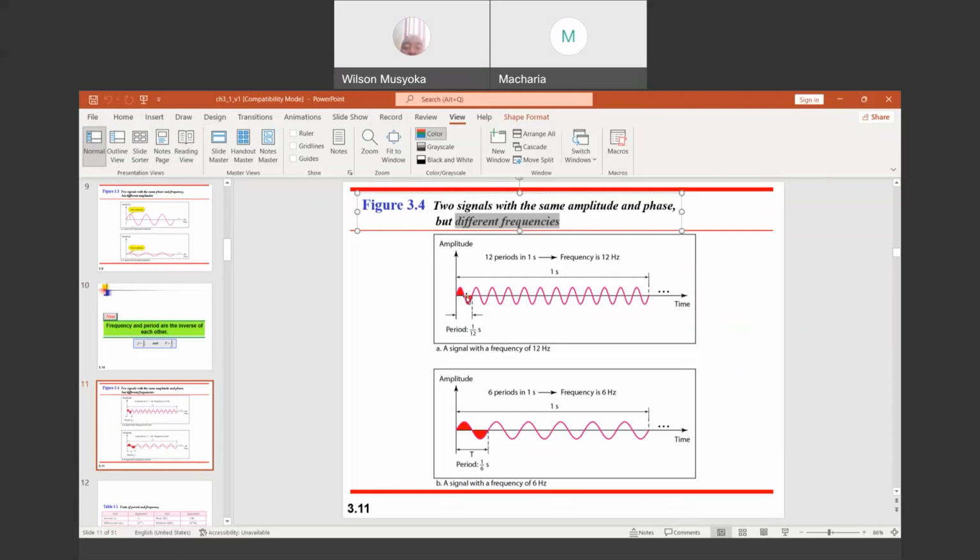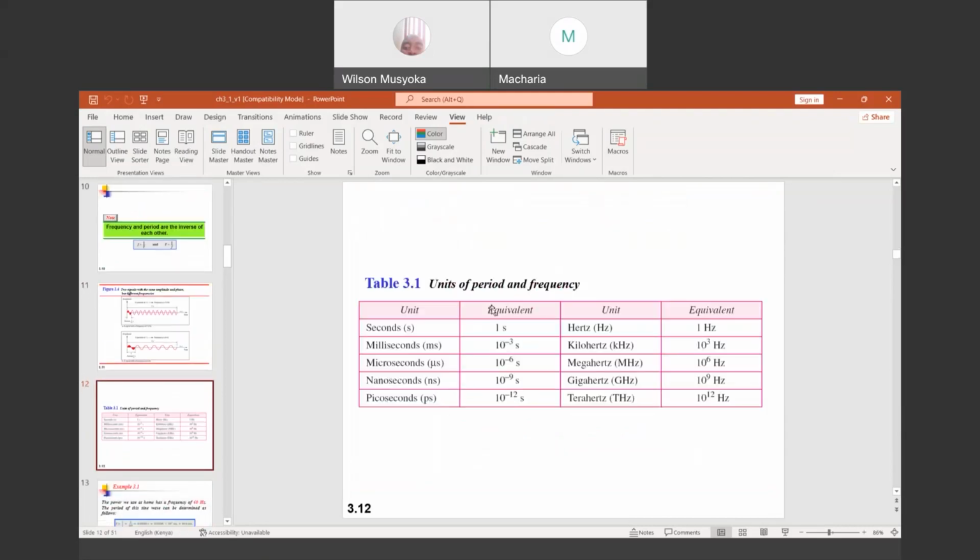That is how they have different frequencies. Here is 6 hertz, 6 periods in 1 second. The 12 periods are 12 hertz in 1 second. That is how they are different. And the units of period and frequency, like we have said, are inverses of each other.